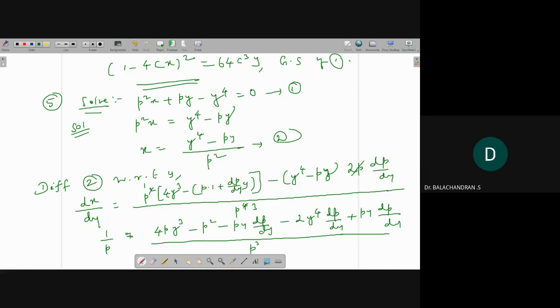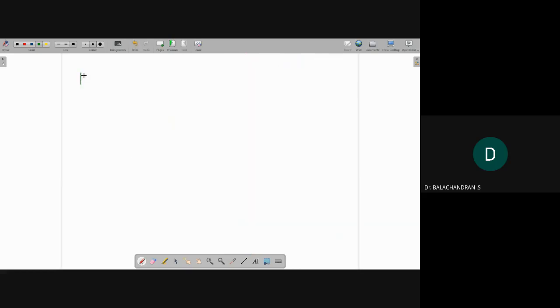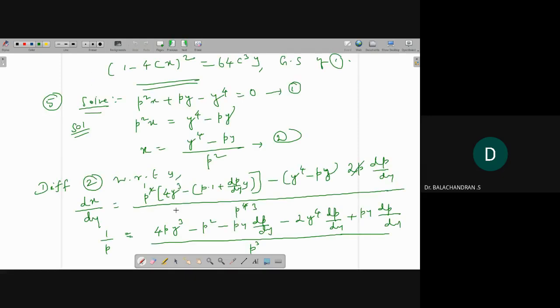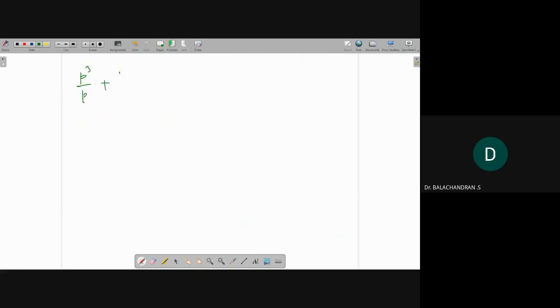Now cross multiply, p cube by p is p square. After cross multiplication, you should write this term minus p square; if it comes here, plus p square.